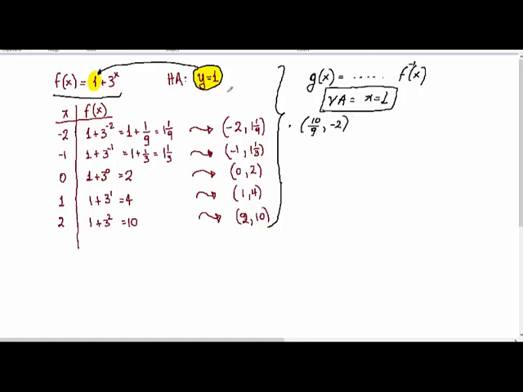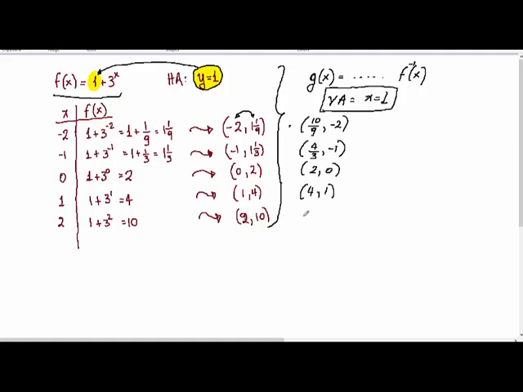So what I do is I rearrange the x and the y coordinates here in order to get the points of the inverse function. This is going to be 4/3, comma -1. This is going to be the point 2, 0. This is going to be the point 4, 1.